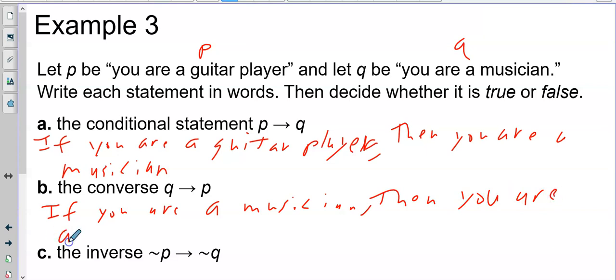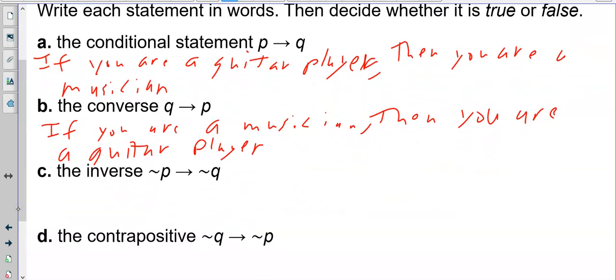Now some of you might be saying that's not true necessarily, kind of like the acute 30 degrees. But we're not talking about true or false, we're just flipping them. Now for C, the inverse, remember, we're keeping the order of P and Q, we're just negating them both. So we're just adding not.